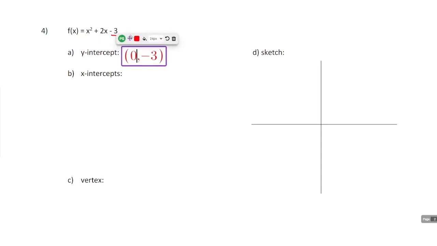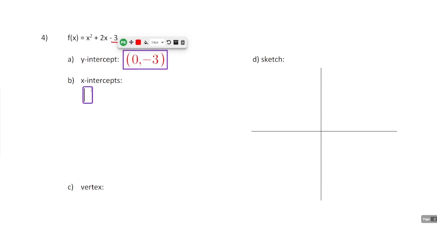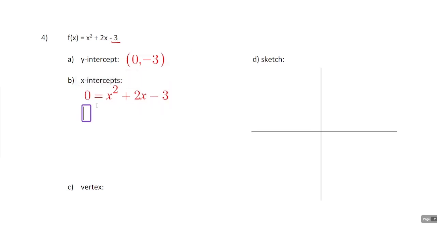To get my x-intercepts, I'm going to set the function equal to 0 and solve. So 0 equals x squared plus 2x minus 3. And this one can definitely be factored. Our two factors would be x plus 3 and x minus 1. Notice those two numbers multiply to give me -3 and add up to 2.